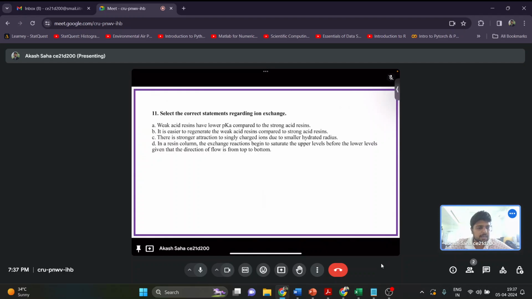Option C, there is strong attraction to singly charged ions due to smaller hydrated radius. Option D, in a resin column, the exchange reactions begin to saturate the upper levels before the lower levels, given that the direction of flow is from top to bottom. Okay, so these are my four statements. So you have to find out which of the statements are correct. Just think over it, then we'll discuss the problem.